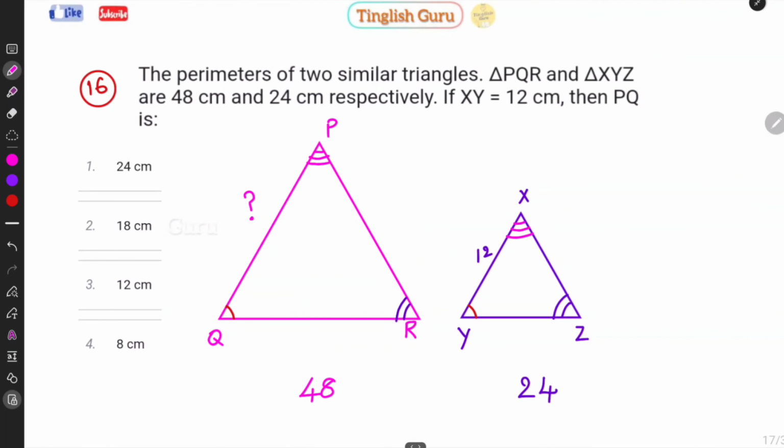Next bit. Here the perimeters of two similar triangles, please observe it is similar, not congruent. Similar triangles PQR and XYZ have perimeters 48 centimeters and 24 centimeters respectively, and the value of XY is given, and we have to find the PQ value. So first understand similarity. I draw two triangles here, PQR.